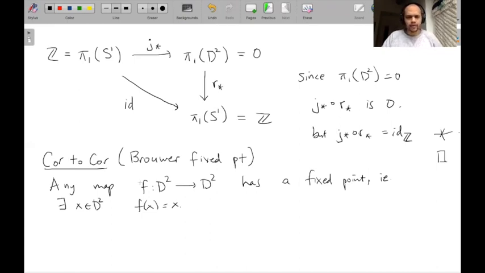I'm going to call this map phi. I could call it f. No, it's fine, I'll call it f. All right, so proof. All these proofs go by contradiction. So suppose f exists, that is, there exists an f with no fixed points.